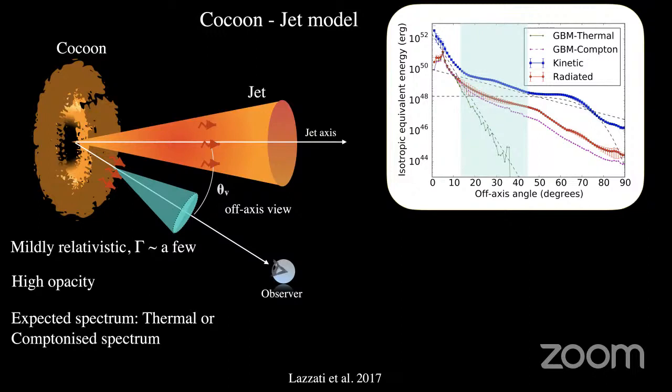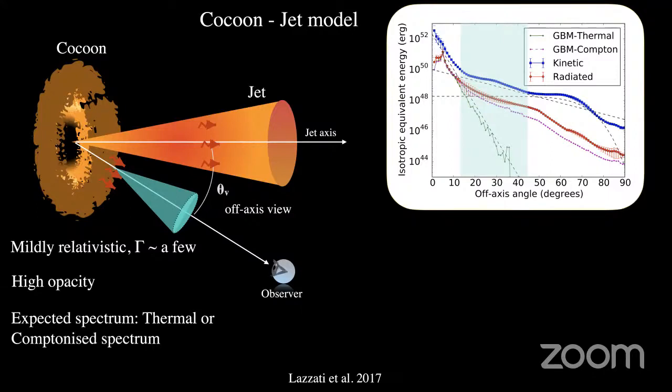In red is the total radiated energy, in green is if it is completely thermal, and in magenta is if it is a Comptonized spectrum. This isotropic energy that can be expected across the off-axis angle is what is plotted, for an angle range I've shaded from close to 15 to 45 degrees or so.